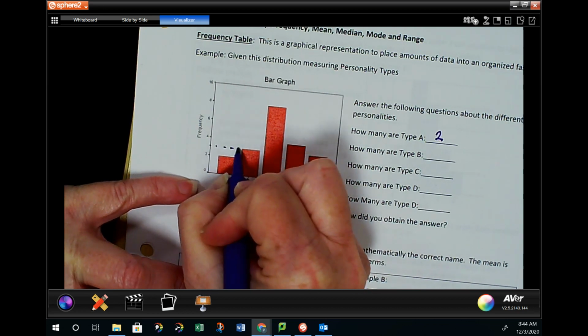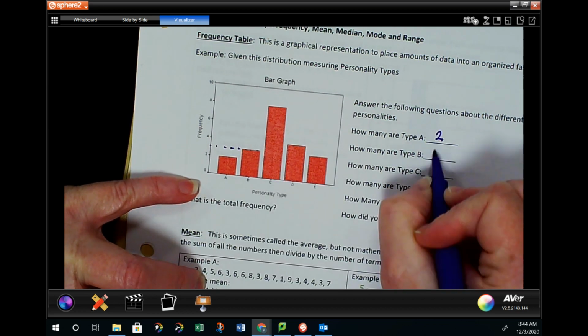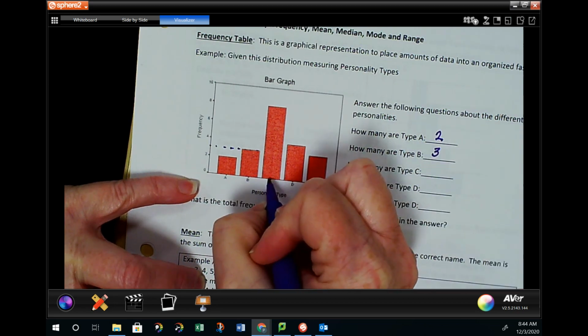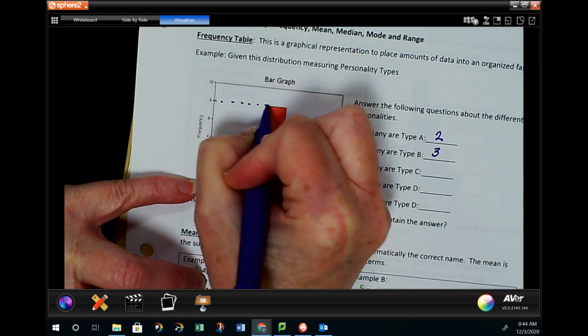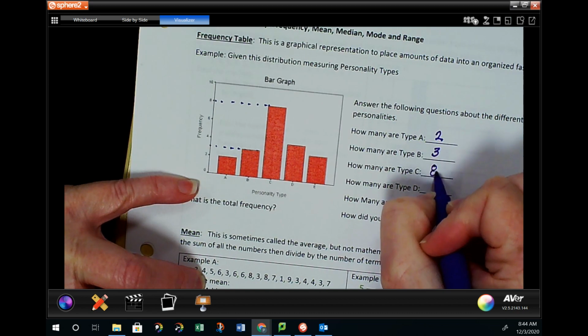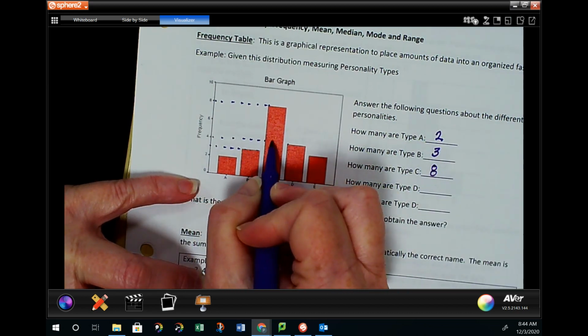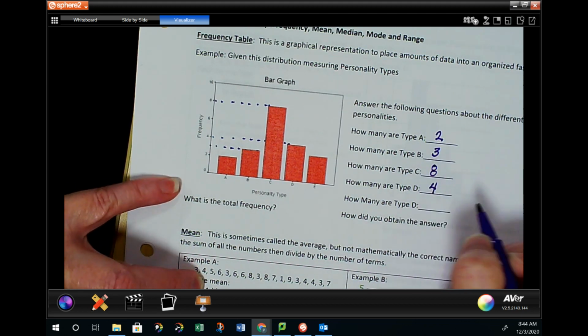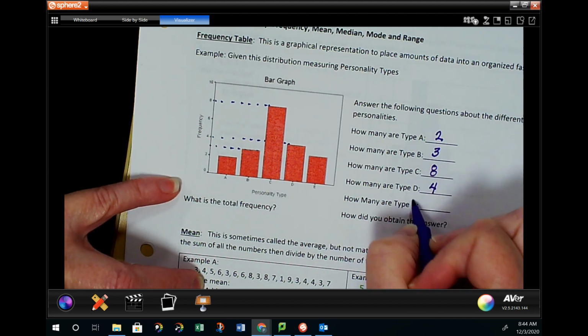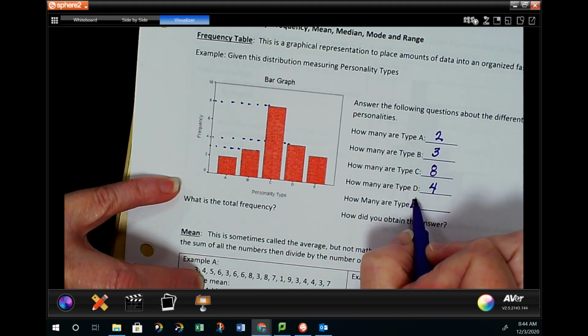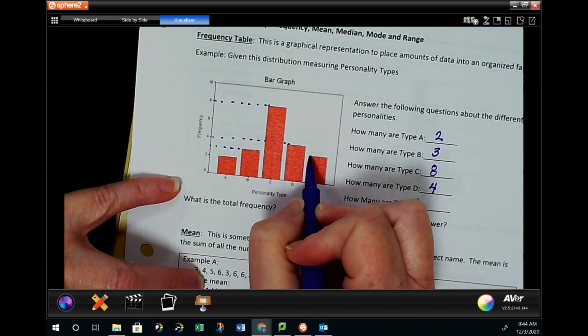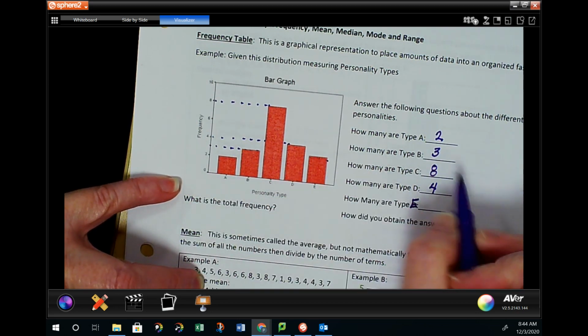Between 2 and 4 would be 3. And then C has the most, and that's at 8. And then D is at 4. And this should be an E, not a D, sorry. And then E is again at 3.